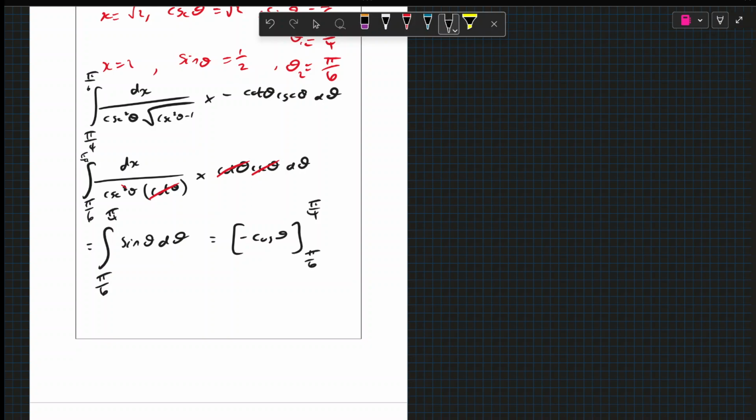I went too fast there. So you have minus cos pi over 4 plus... missing a minus sign. So this is still root 3 over 2, and this is still root 2 over 2. But we can write this as root 3 over 2 minus root 2 over 2, which is 1/2 of root 3 minus root 2. That looks a bit better.